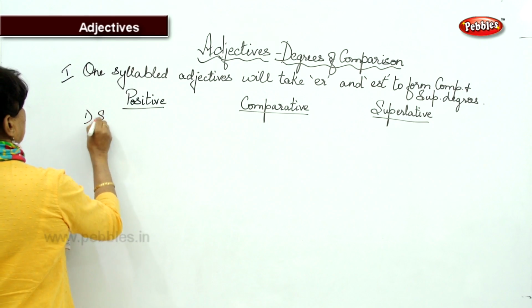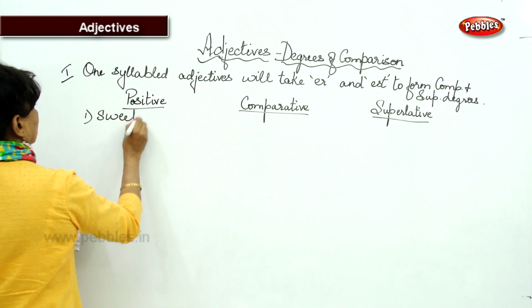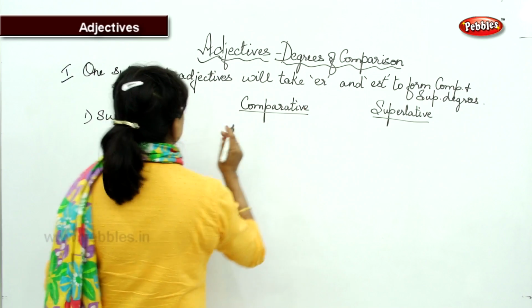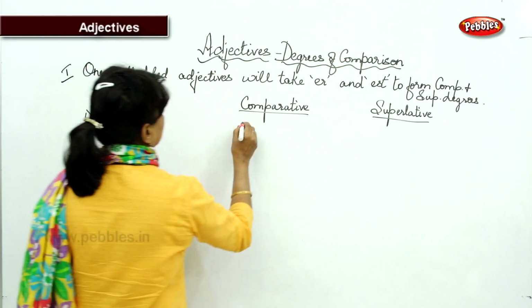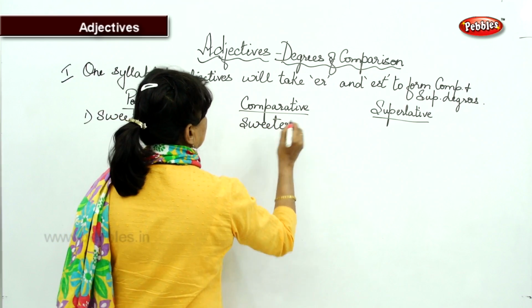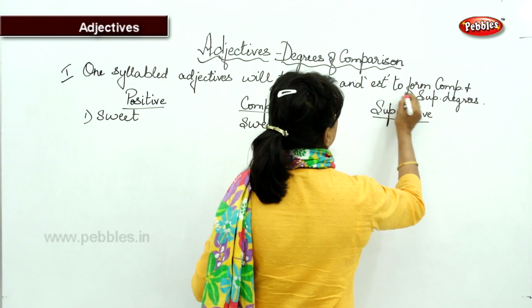First one, sweet. Comparative will take ER: sweet, it is only one syllable, sweeter. And superlative will take EST.